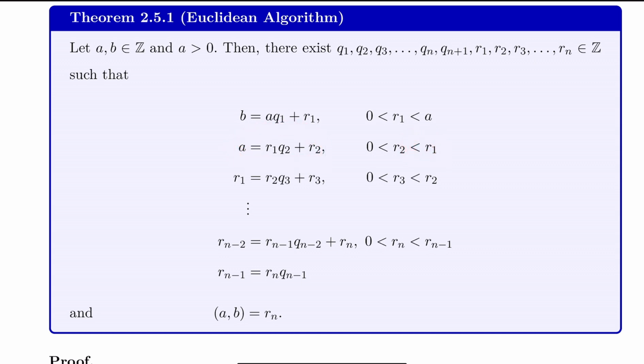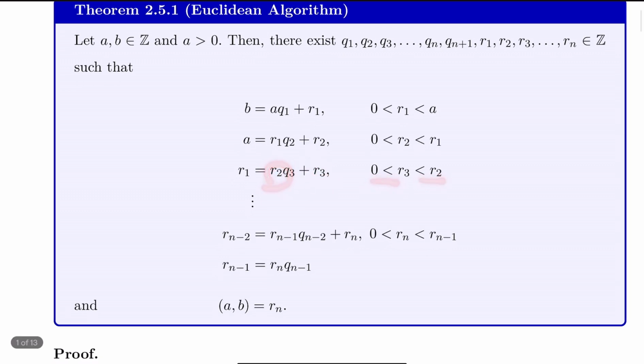Once we have r2 less than r1, we divide r1 by r2. So we're going to have r1 equal r2 times q3 plus r3, where q3 is the quotient and r3 is the new remainder. And the remainder must be greater than 0 and less than the divisor.